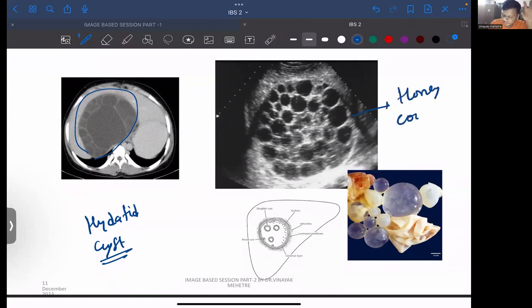Honey comb appearance, मधुमक्खी का छत्ता.